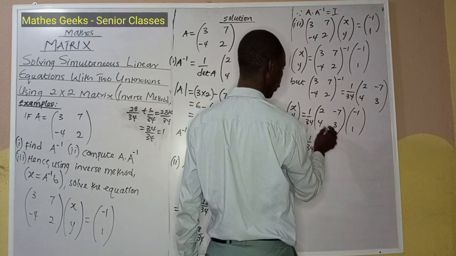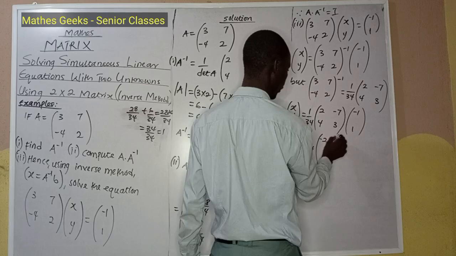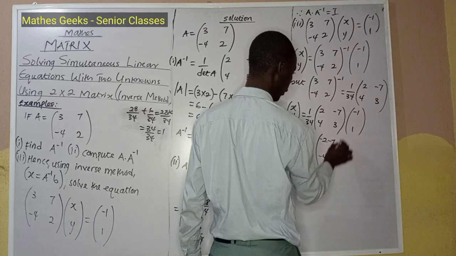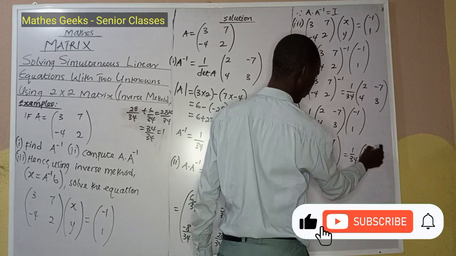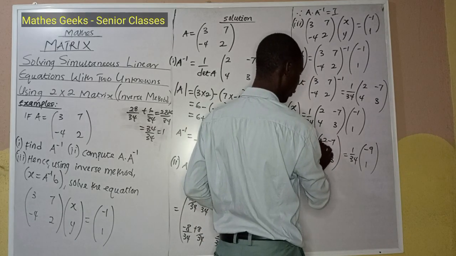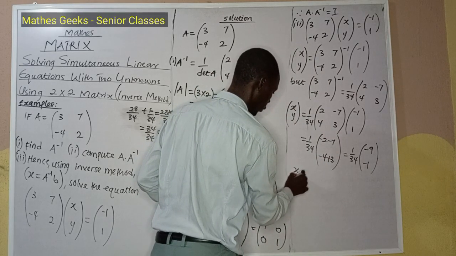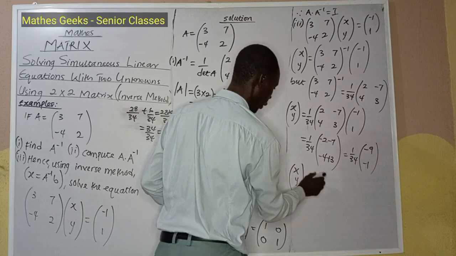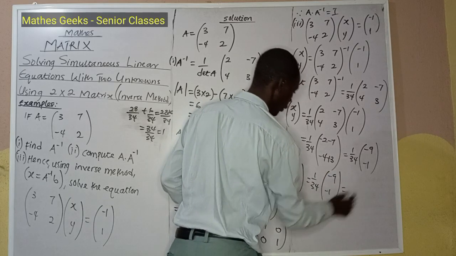Which is 1 over 34. 2 times -1 is -2, and 4 times 1 is 4, so -2 plus 4... and -7 times -1 is 7, 3 times 1 is 3. This gives 1 over 34 times the matrix of -9 and -1. So [x; y] is equal to 1 over 34 times [-9; -1].